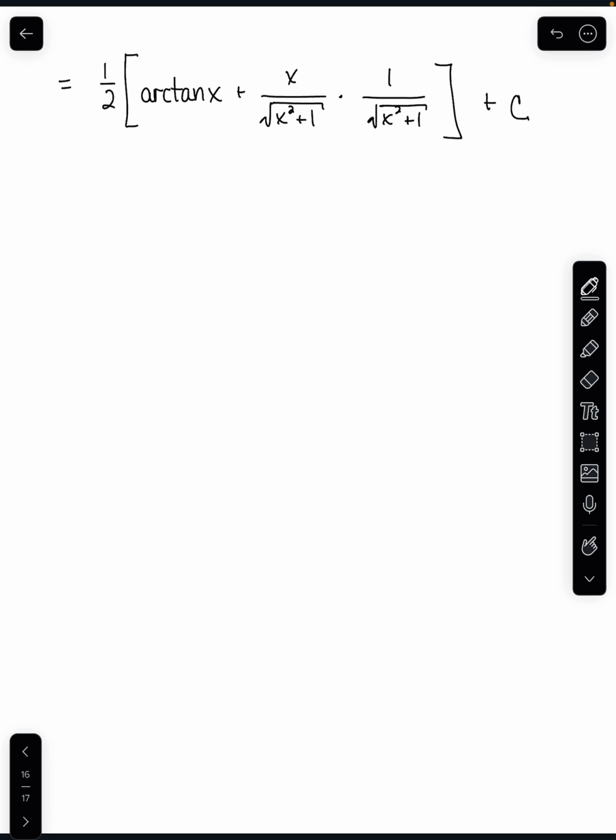We can simplify that multiplication because they have the same denominator. We end up with the square root of x squared plus 1 squared, so that the radical simply disappears from it. So that we have x over x squared plus 1. The 1/2 can then be distributed, but at this point we're talking about a matter of semantics.